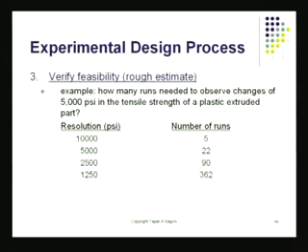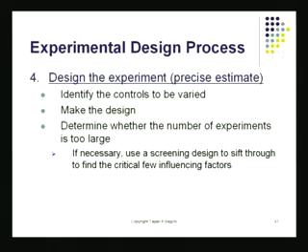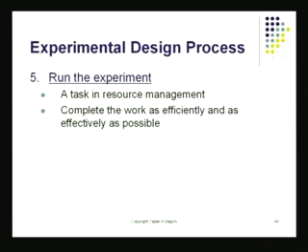And something, of course, we also have to do is check out the feasibility of the thing. How many experiments can I run? What sort of precision do I want? And do I have the money to be able to run those trials? That is something that we'd like to be able to do. Then, of course, I've got to make sure I specify the precision of the experiment. That is something that I've got to do. I've got to run the experiment.